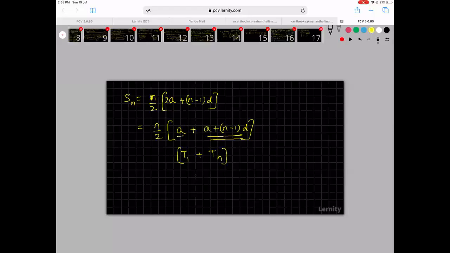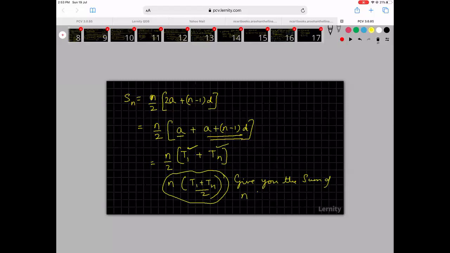So the sum of an arithmetic series can also be written as n by 2 into first term plus last term, or n into first term plus last term by 2. This will also give you the sum of n terms of an AP: first term plus last term by 2 into n.